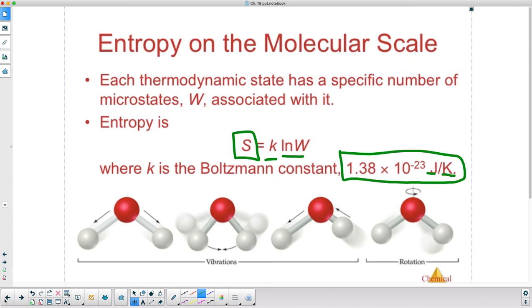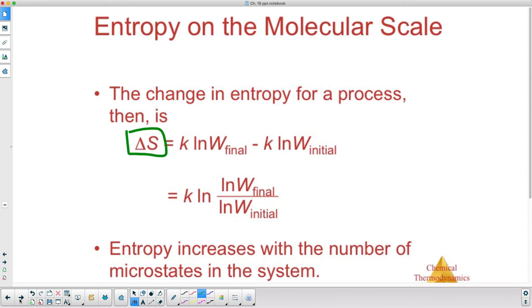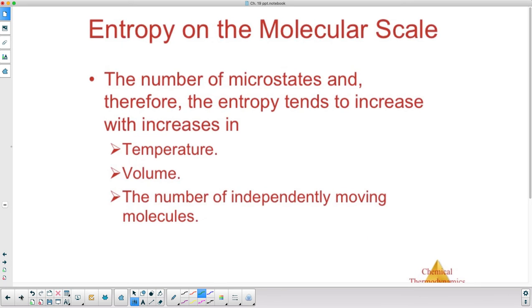Because we have now this equation for it, we can substitute in that equation for the final minus initial, and it looks like this. Now, that's not very interesting, so don't write that down. But this is where the tire hits the road.